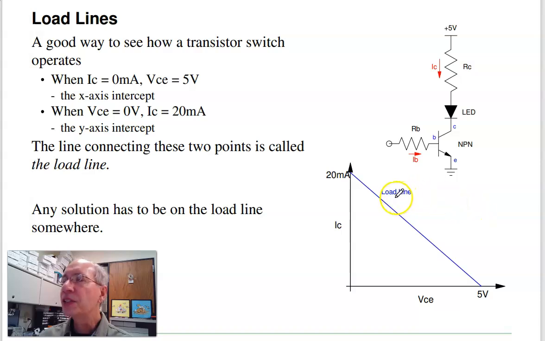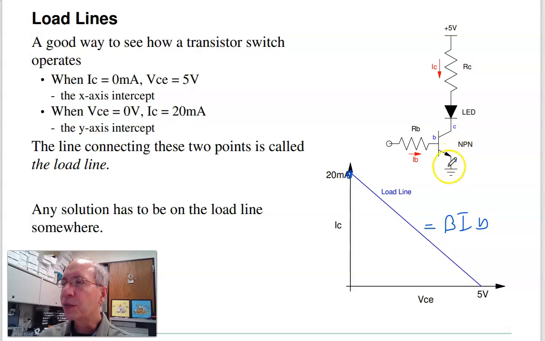Now to see how the transistor works, there's a thing called the load line. The IC, if I make that beta times IB, as the base current goes up and down, the collector current goes up and down. The load line is, if I look at this circuit right here, if I take this point and ground it, I'm going to get some current, say 20 milliamps.